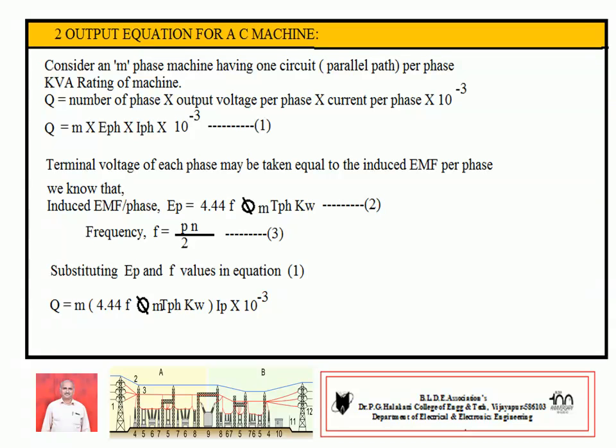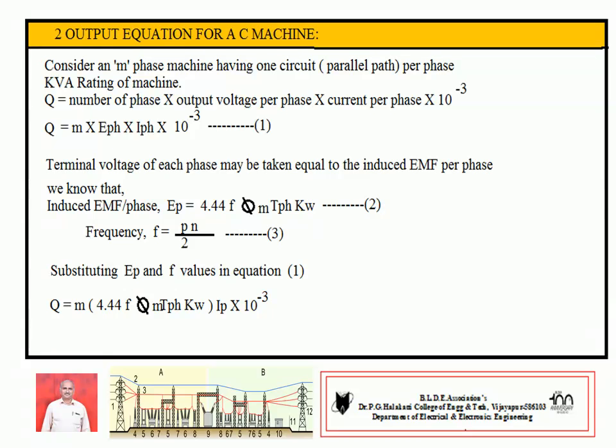And frequency, if N is taken in RPS, revolutions per second, f equals P n by 2, remember, it is equation number 3. You have to substitute these two values, E phase and f, in equation 1.